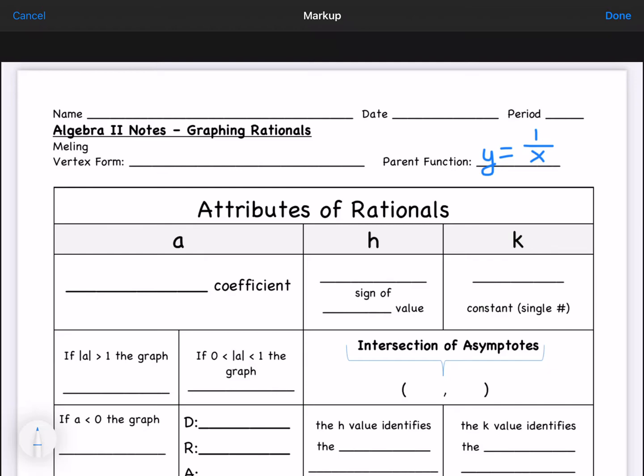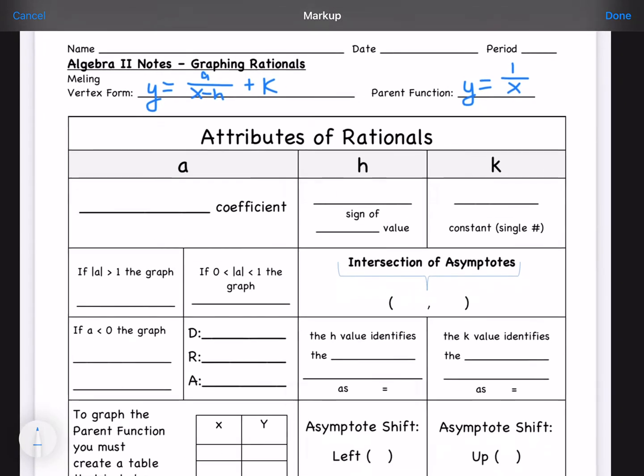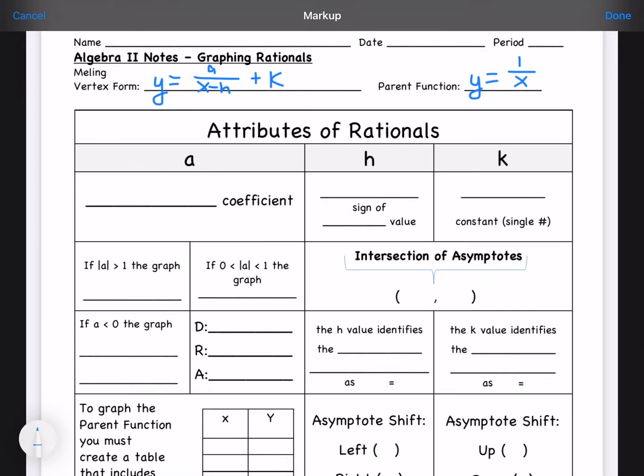The vertex form is y equals a over x minus h, and then plus k on the outside. So we're still using our h's and k's and our a values. And so the attributes, the a is our leading coefficient.